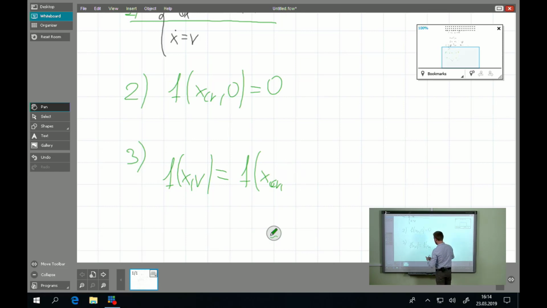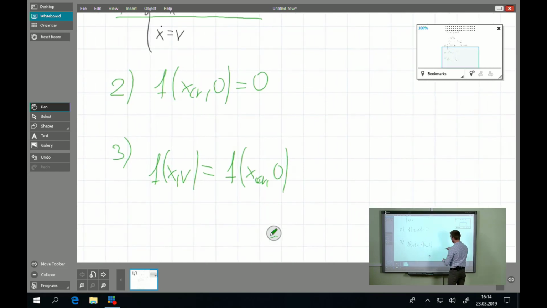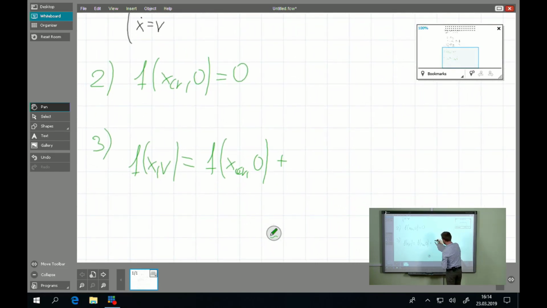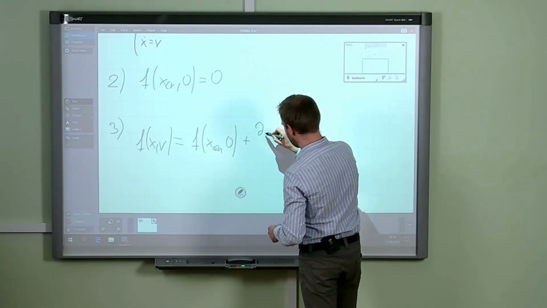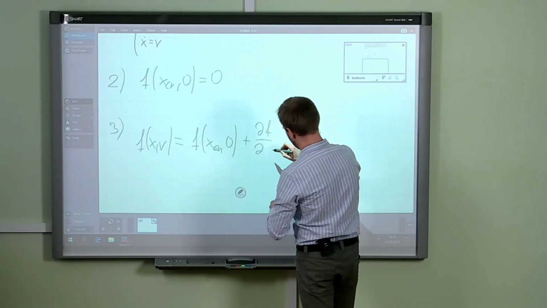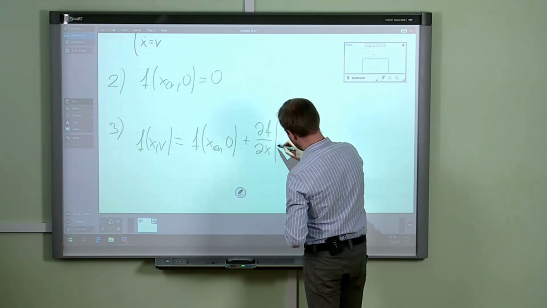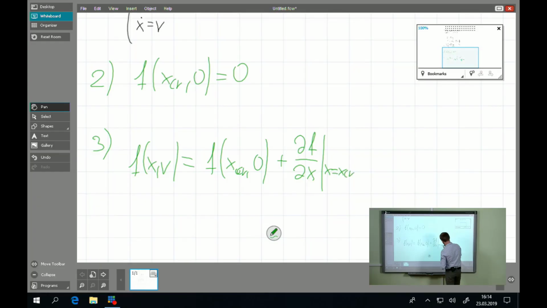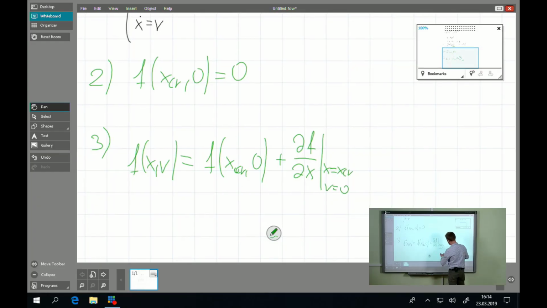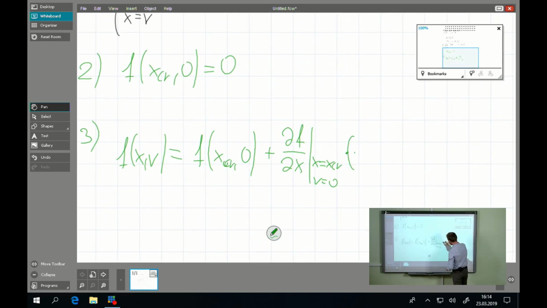If we take the Taylor series expansion in the neighborhood of the critical point, we are able to write down such a thing. I mean, there will be the constant term of our function, and in the next step we have df over dx at x equals x critical and v equals 0. I mean, exactly at the critical point.